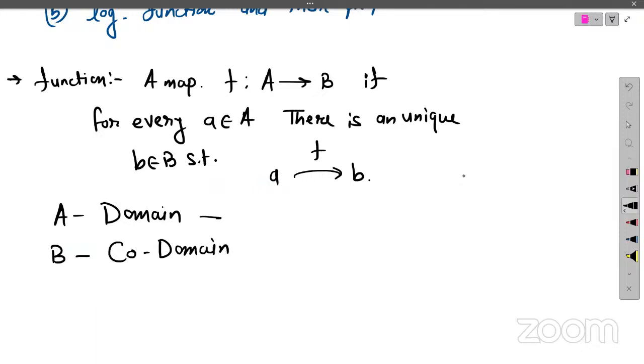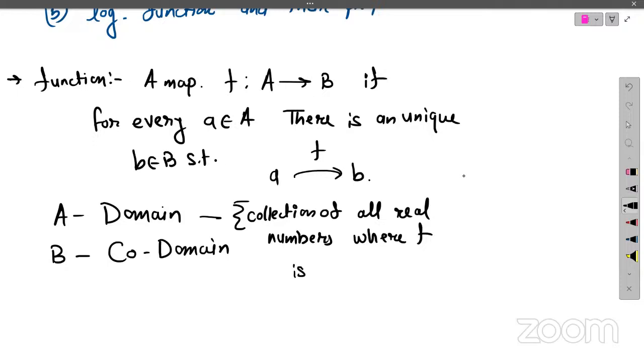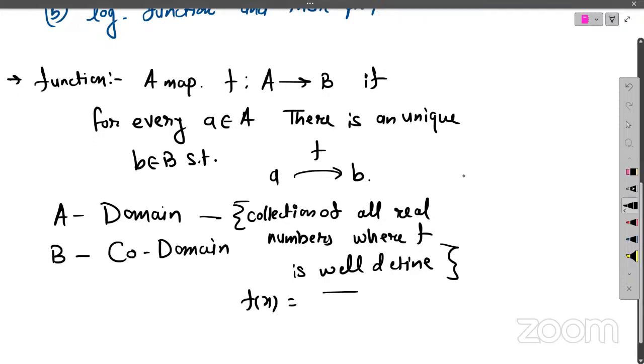So what is a domain? Domain means you have to collect all those points where your function is well defined. It is nothing but a collection of all real numbers, if we are talking about a function of real numbers, where our function f is well defined. Well defined means either it will give us a finite quantity or it makes sense. Suppose you have a function f(x) which is the square root of x.